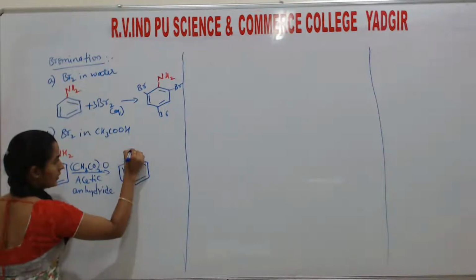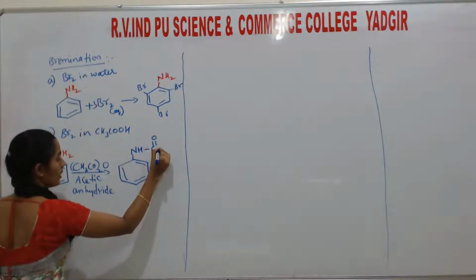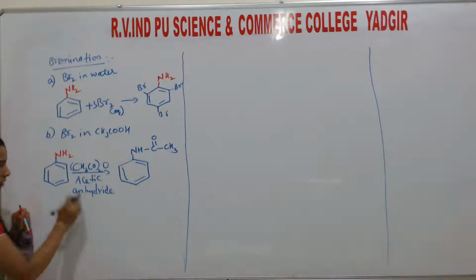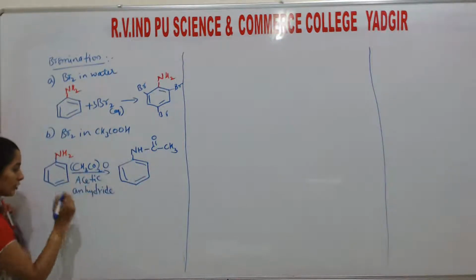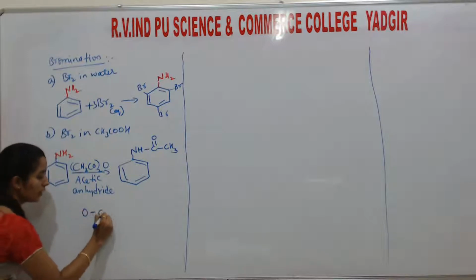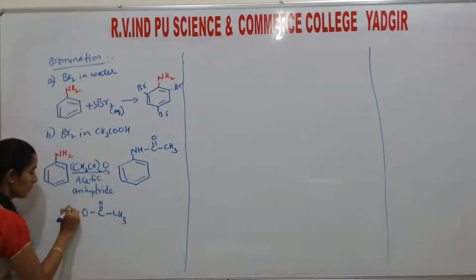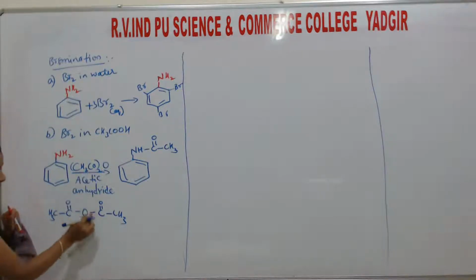Then it forms a compound like NH C double bond O CH3. So listen, this is a CH3CO group. How do we write this? Here O is there. Here C double bond O CH3 on one side, and C double bond O CH3 on the other side. This is acetic anhydride.